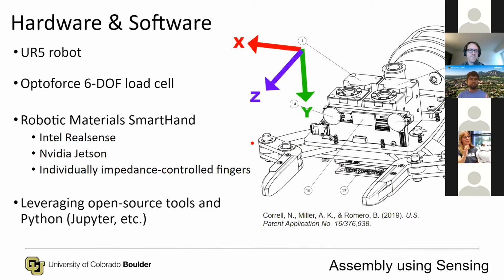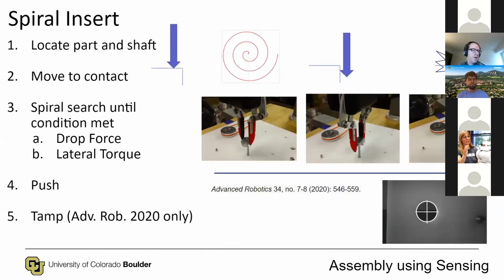So using this system, we tested the common assembly operations that were published in the Advanced Robotics 2020 special issue. One of these algorithms was a spiral insertion algorithm, which we tested on one of the small pulleys on the task board. This algorithm proceeds in several steps. First we locate the wheel and a shaft.